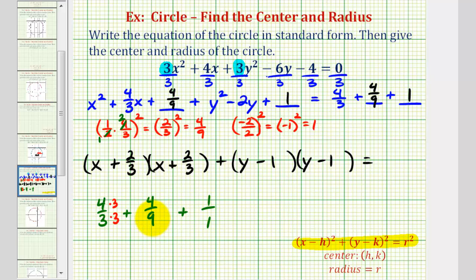The second fraction already has a denominator of 9. And for the third fraction, we'll multiply by 9 over 9. So notice now we have 12 ninths plus 4 ninths plus 9 ninths. So we have a total of 12 plus 4 plus 9 ninths, or 25 ninths.